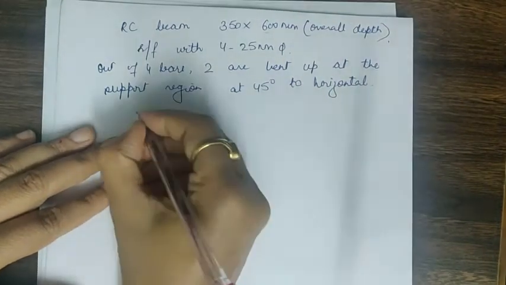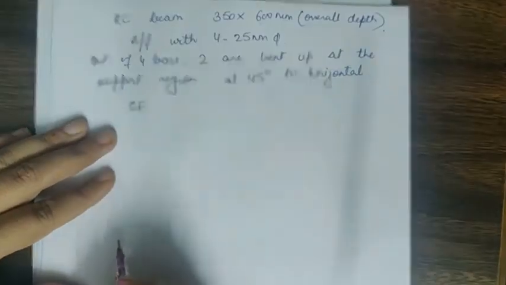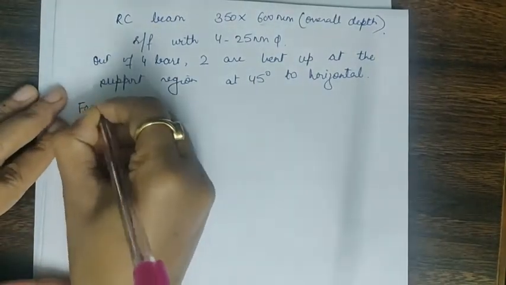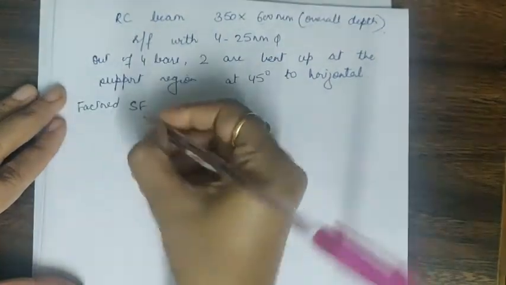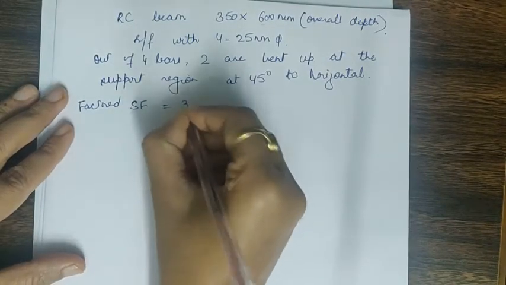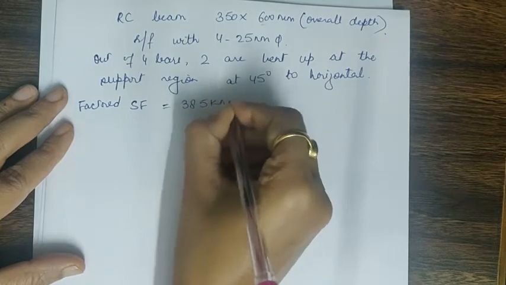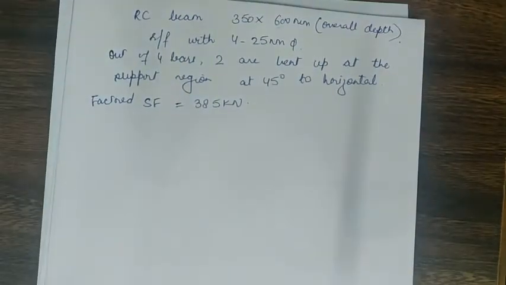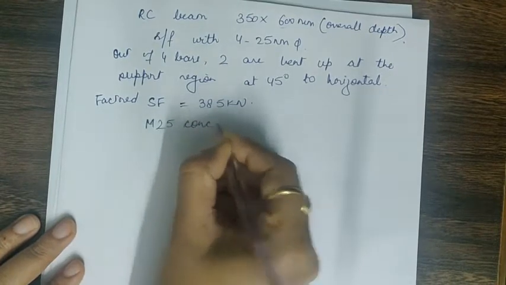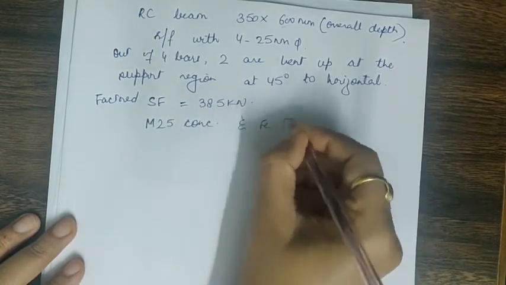Clear? Shear force due to the factored load, so it means I am talking about the factored shear force, is 385 kilonewton. We are using M25 concrete and Fe 500 steel.